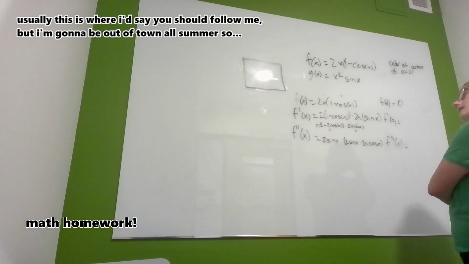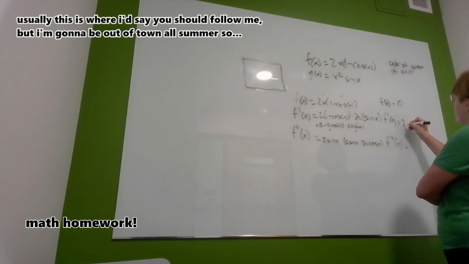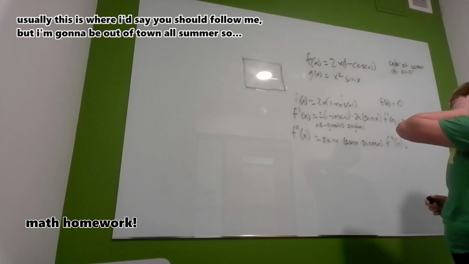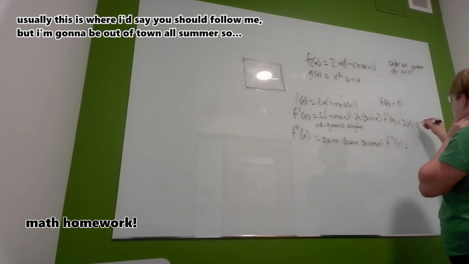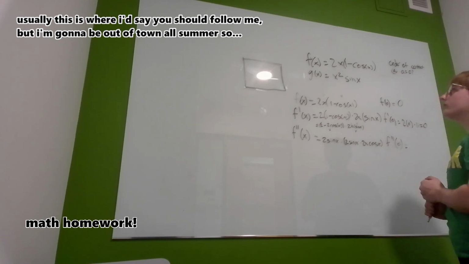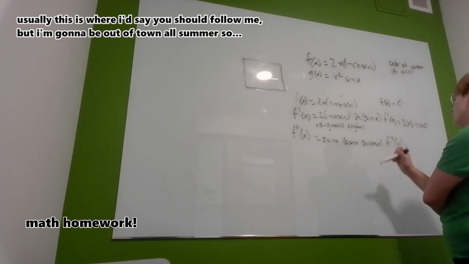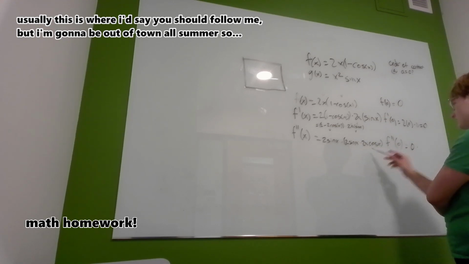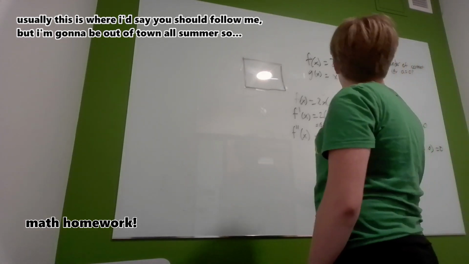We have 2 minus 2 cosine x, just 0, times 2 times 0 is 0, times sine of x, which is 0. The sine of 0 is 0, sorry. Then we have 2 times 0 is 0, times 0 times 0. So it's zeros for the first 3 down.